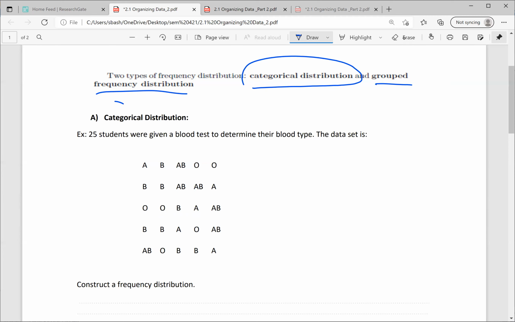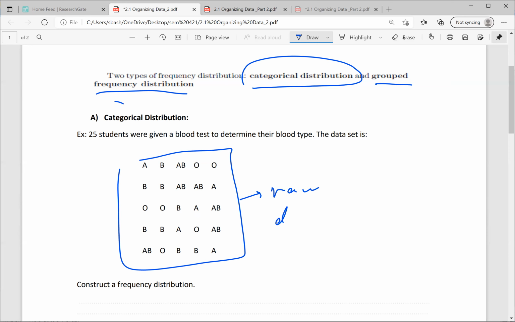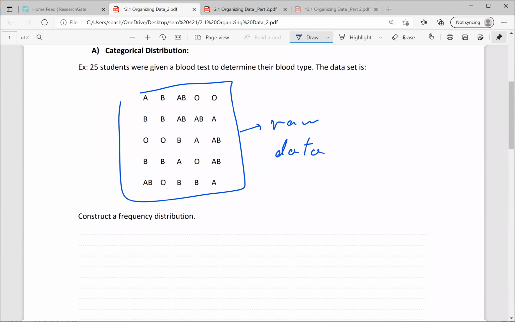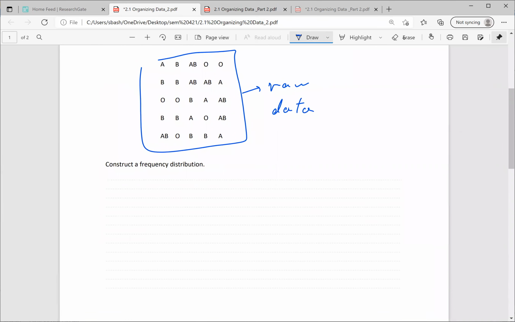So this data, we call it raw data, and we need to organize it, to construct a frequency distribution. To construct the frequency distribution, we have to make a table for this.